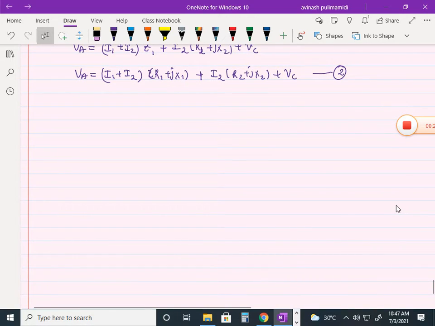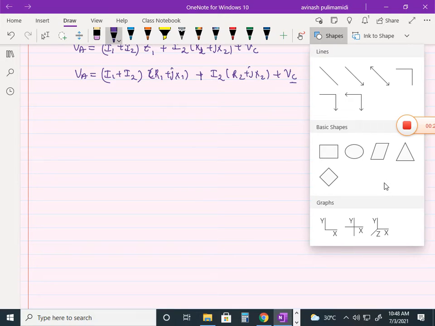Now, if we draw the vector diagram with respect to the receiving end, what is the first point we have to write here? VC, with respect to the receiving end. Let us take the points.